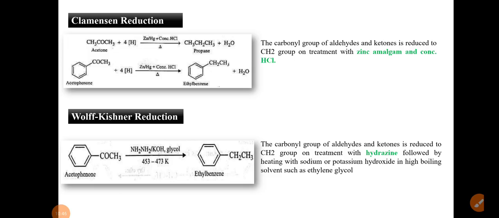Just the reagent is different. Here the reagent is hydrazine, but your compound is similar. So this is the difference between these two: in the Clemmensen reduction we use zinc amalgam and concentrated HCl, while in the Wolff-Kishner reduction we use hydrazine as the reagent.